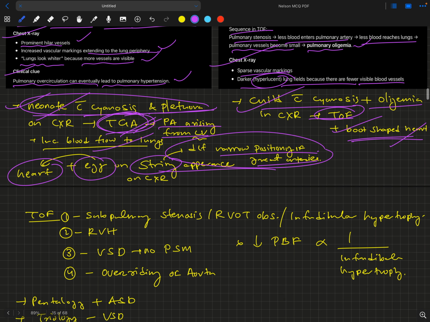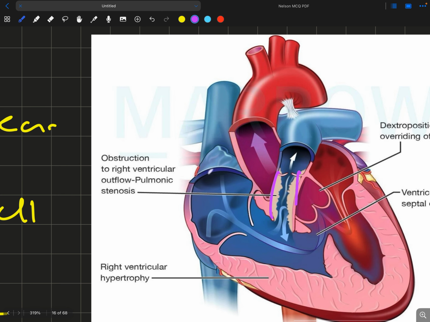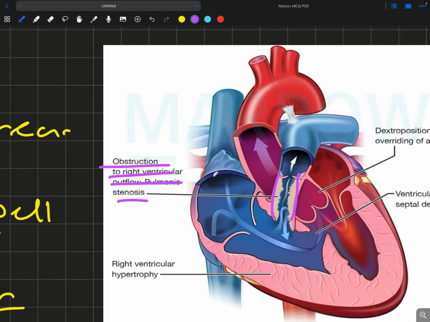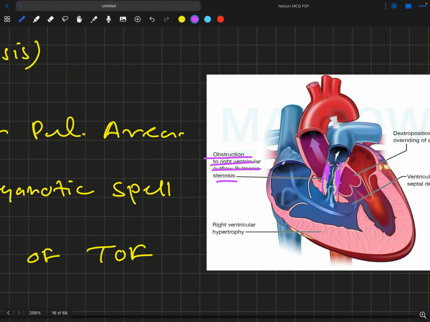One is subpulmonary stenosis, right ventricular outflow tract obstruction, and infundibular hypertrophy. So this is obstruction of the right ventricular outflow tract and subpulmonary stenosis. Then we have RVH, right ventricular hypertrophy. Once this passage is narrow, the right ventricle has to pump more to push blood through, so that will lead to hypertrophy of the right ventricle.